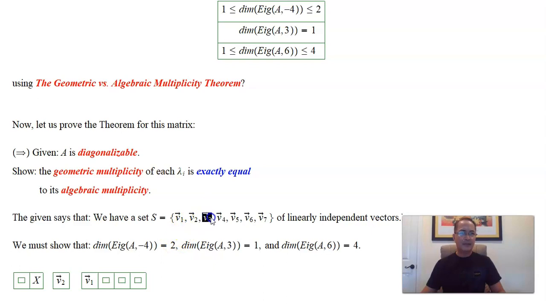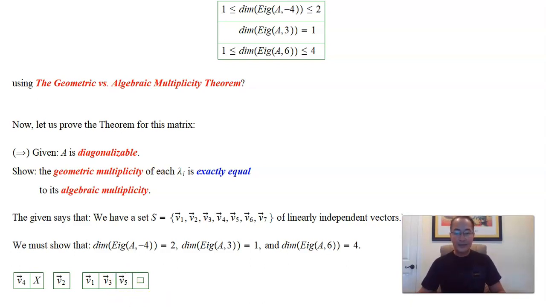What about V3? How about it's in the third again? And how about V4? Maybe it's in the first eigenspace. What about V5? I'm running out of room. I said that I only have a 1-dimensional subspace for lambda equals -4. The lambda equals 3 eigenspace is exactly 1-dimensional. So I cannot put V5 in there because there's only room for 1 eigenvector in the basis.